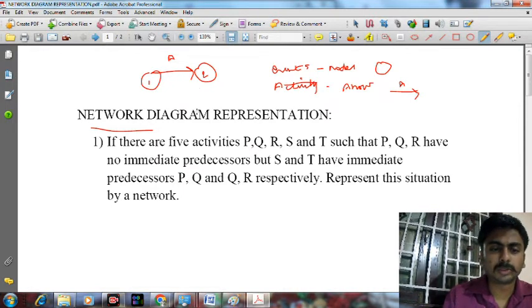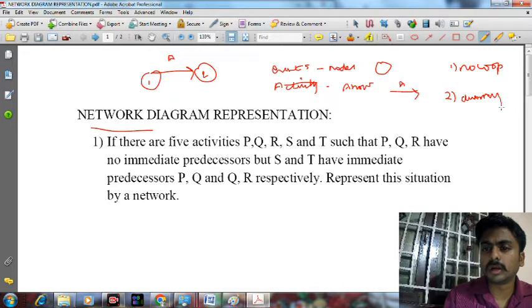There are some rules to make this network. The first rule is that there should be no loop. The second rule is that we have to add a dummy activity when there is a situation of making two different activities with the same name.